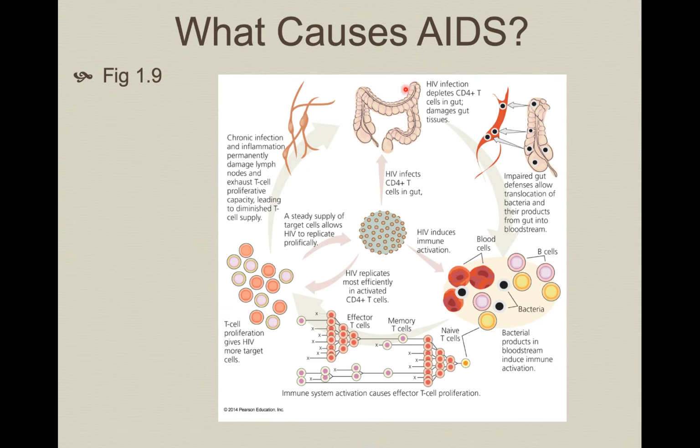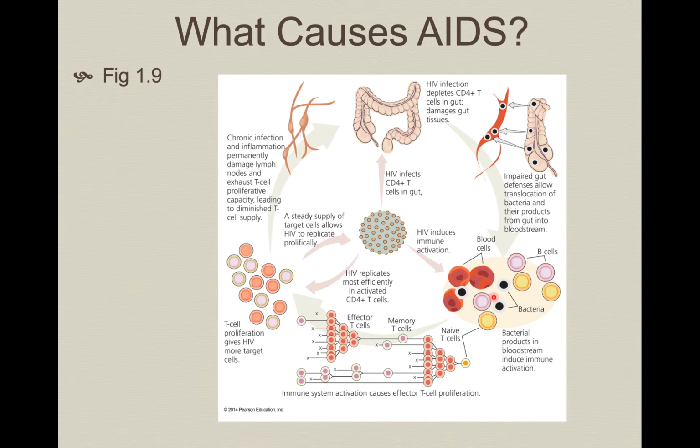So some of the target cells initially are associated with the gut tissue. So as you get the HIV virus in the acute phase, it depletes your T cell helper count. This impairs the gut's defenses initially and allows for bacteria and fungi to bypass the gut tissue and get into the bloodstream.